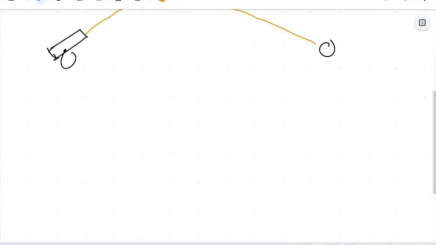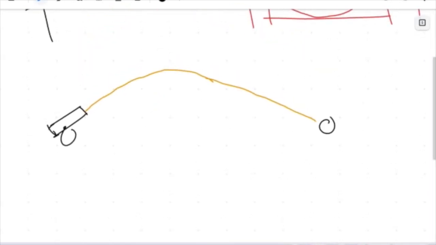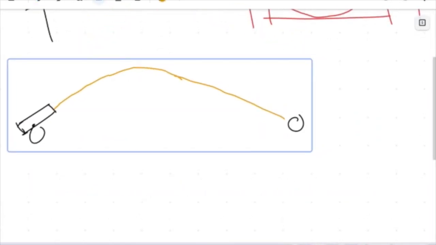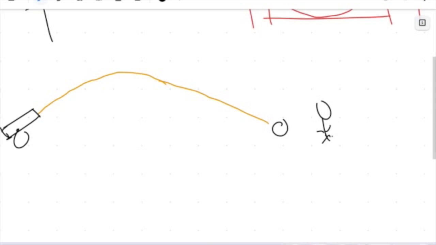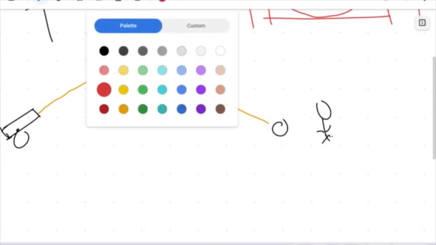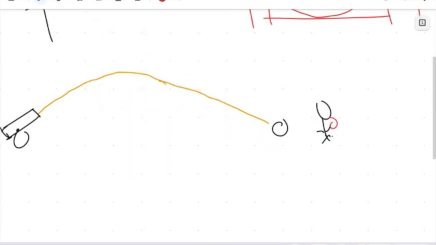Think about people, if you're a sports fan, people shooting a basketball. Now, if you've ever played basketball, you will stand here, you've got the ball in your hands, and when you shoot it, you have your hoop up here.